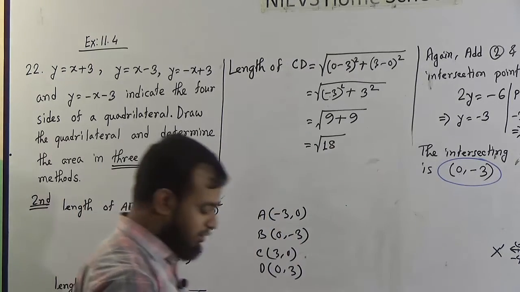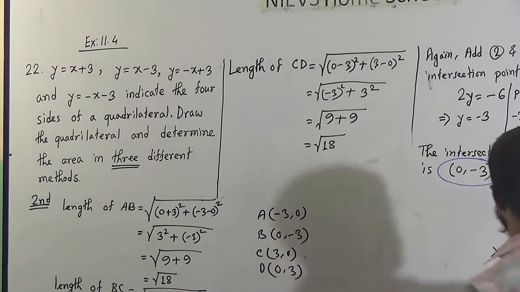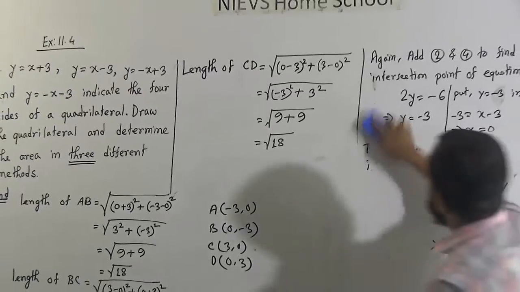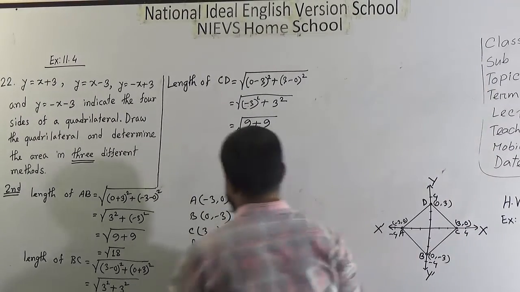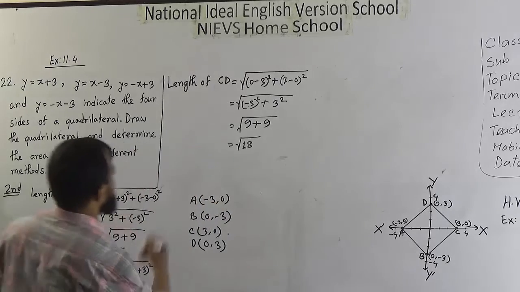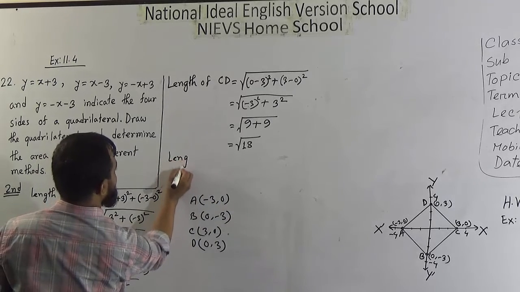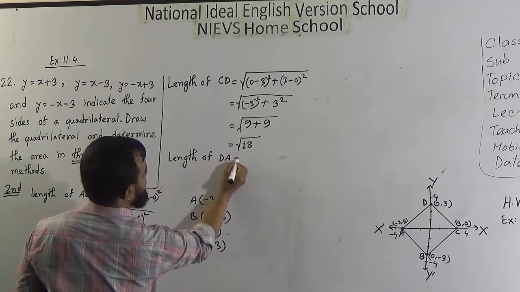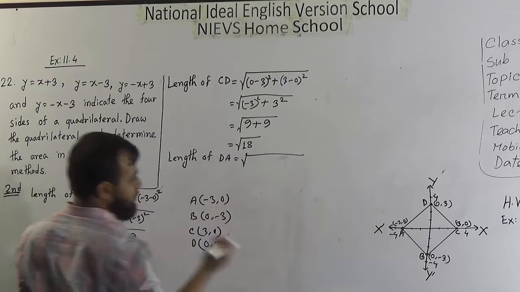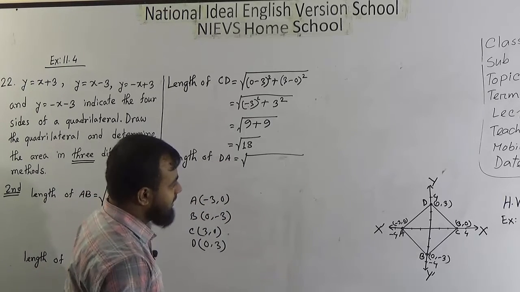Okay, now we need to find out the length of DA. Length of DA need to find out. Okay, I have already written down all the points here to identify the length. Now the length of DA is equal to square root of the sum of the squares of abscissas and the ordinates.